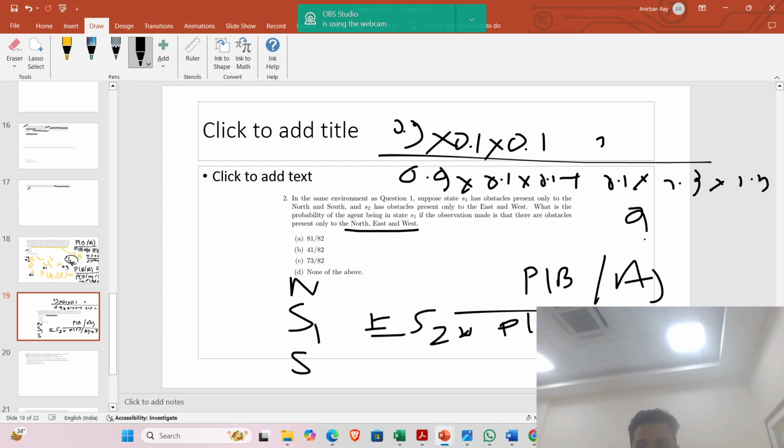So what we get is 9 by 9 into 81. So this becomes 9 by 90. The top becomes 9 and next it becomes 81 plus 9.